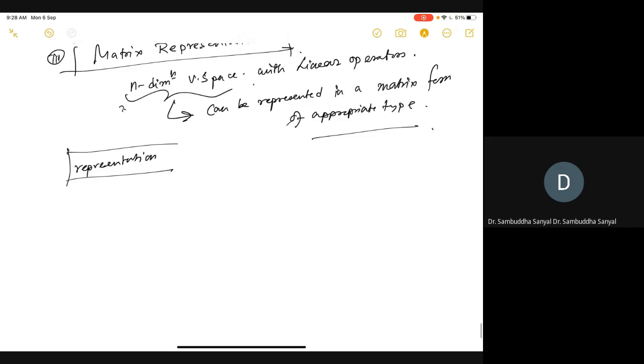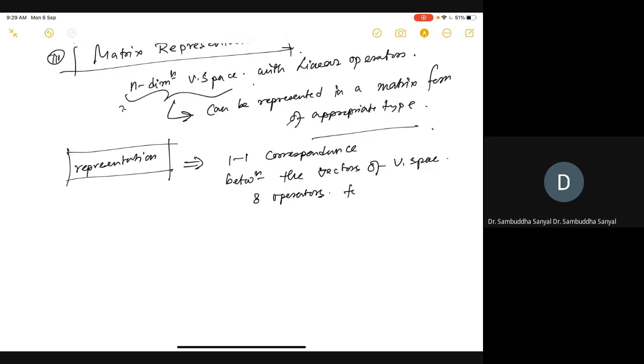So the word representation in mathematics means there is a one-to-one correspondence between the vectors of V of this vector space and operators to these matrices or vectors.